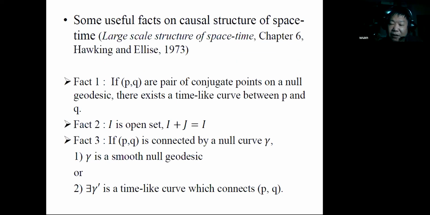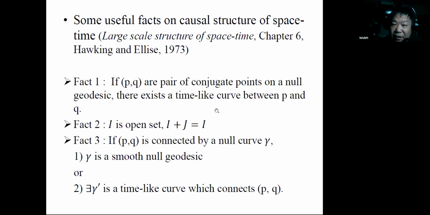That means that Q hat belongs to the boundary of the I plus of P, because the I is an open set. If you belong to the boundary, you cannot have time-like connections between Q hat and P.